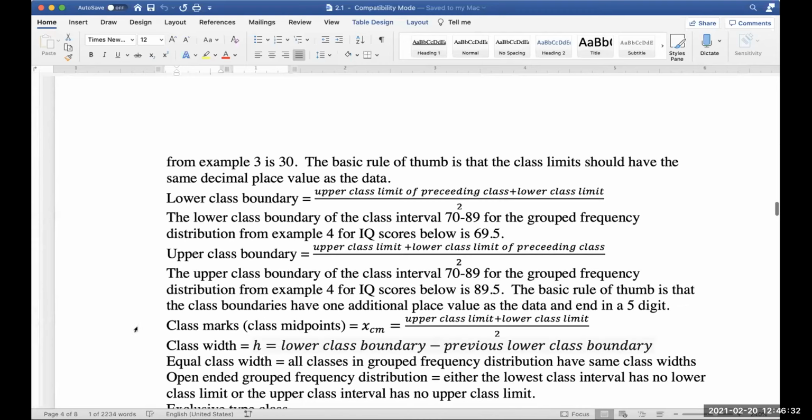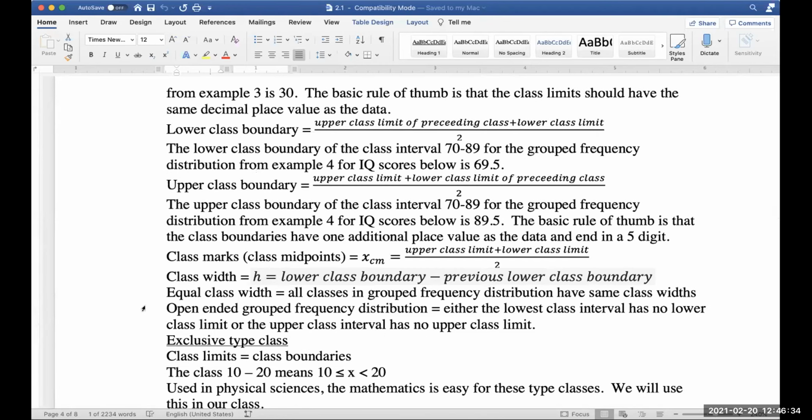So in an open-ended group frequency distribution, either the lowest class interval has no lower class limit, or the upper class interval has no upper class limit. And so if you have outliers, sometimes you will need to use open-ended frequency distributions.